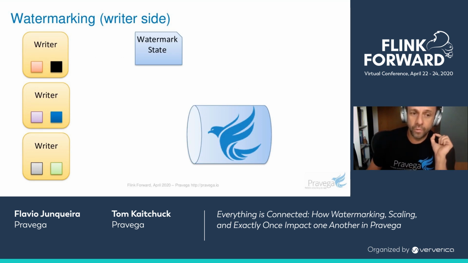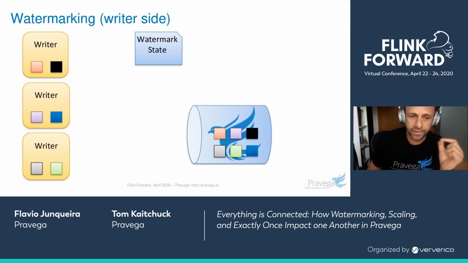For watermarking, what we do is we have the event writers appending events to a stream. So there are these 6 events that have been written to a stream. At some point, the writers will indicate to Pravega that they have advanced time to a given time t, and that corresponds to their own observation of what the time is.